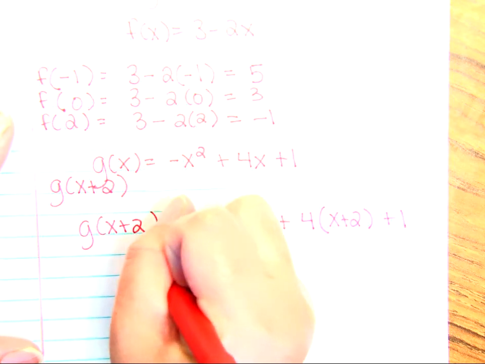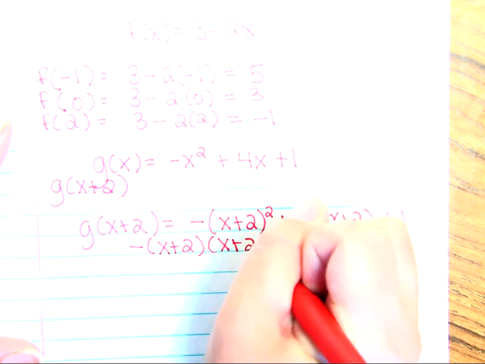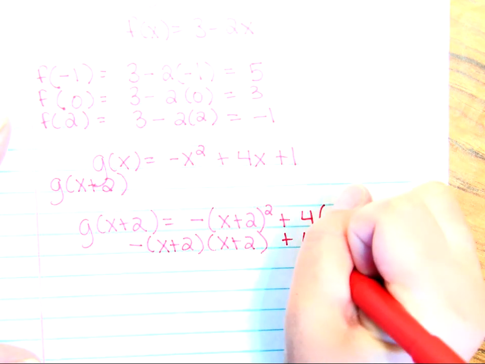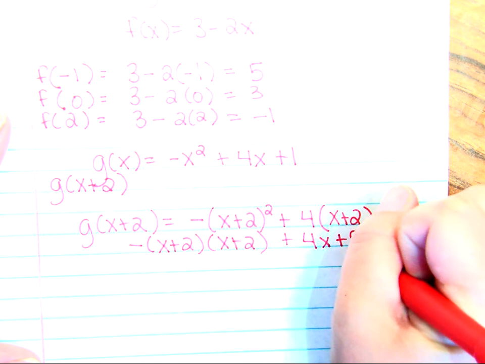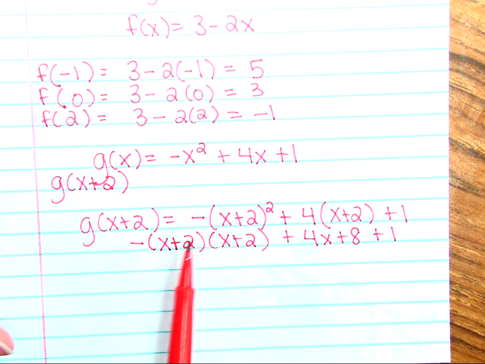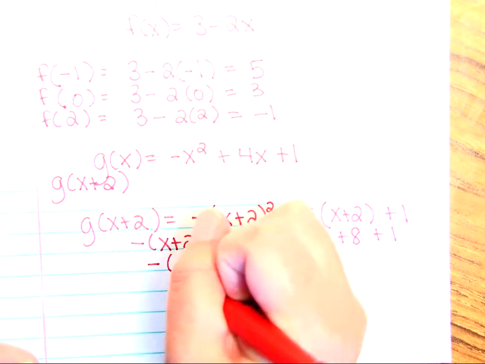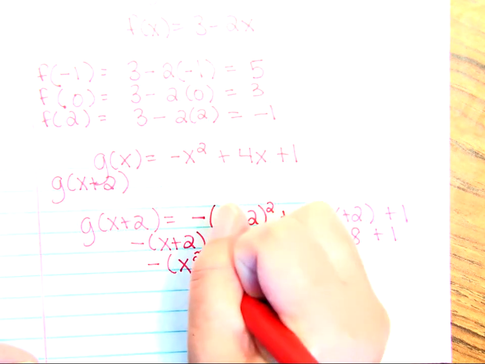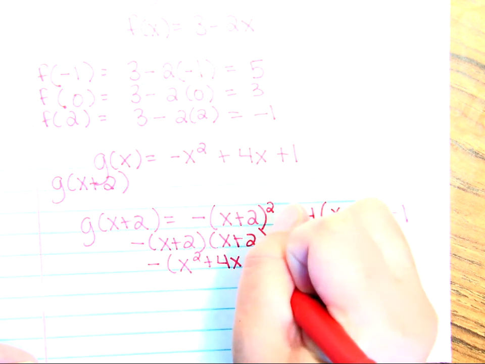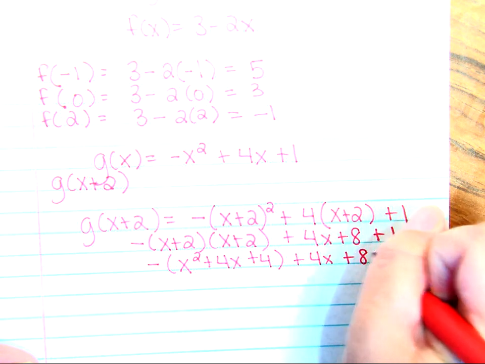So we've got negative x plus 2 times x plus 2 plus 4x plus 8 plus 1. So I'm going to go ahead and FOIL this out. You should end up with a negative times x squared plus 4x plus 4 plus 4x plus 8 plus 1.